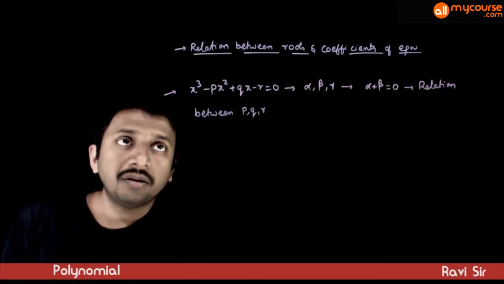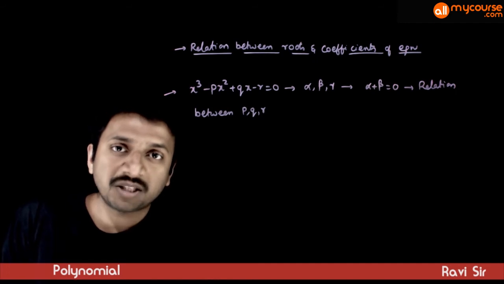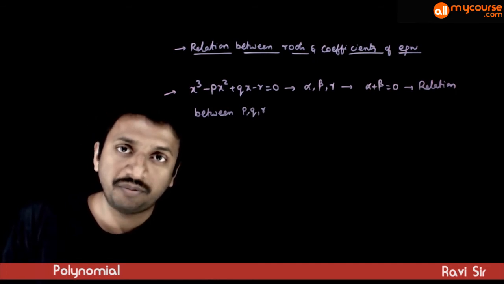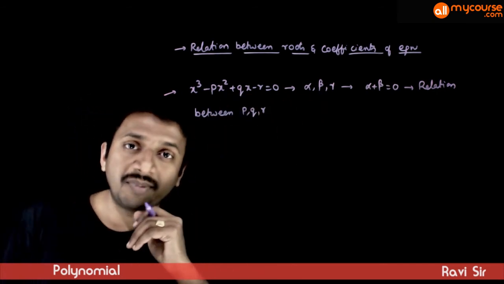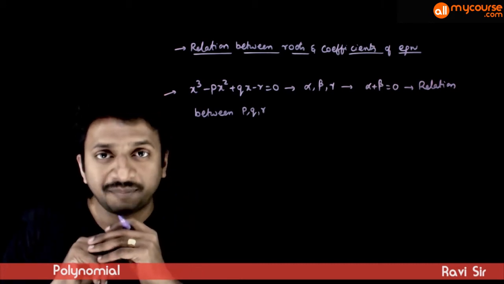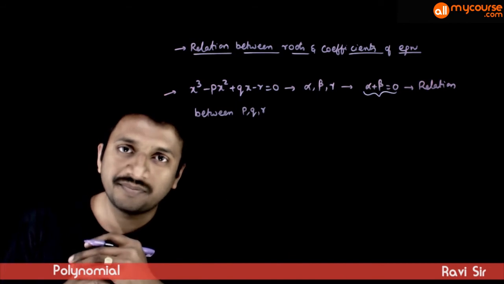So in this question, you're given a cubic equation x cube minus p x square plus q x minus r is equal to 0, and it is given that the roots are alpha, beta, gamma. And two of its roots, alpha and beta, satisfy the condition alpha plus beta is equal to 0.